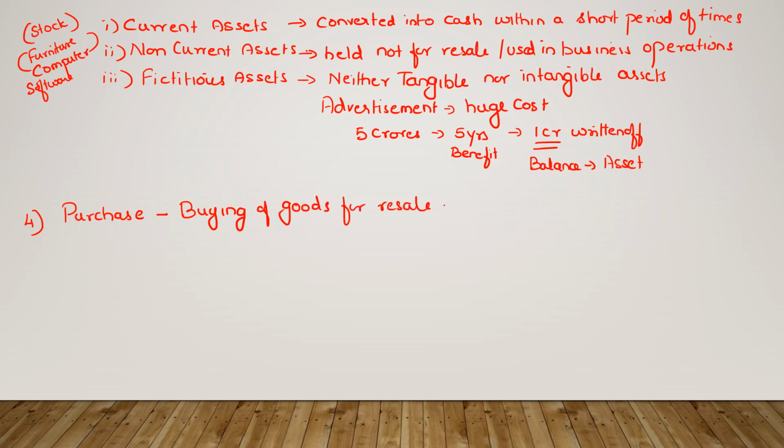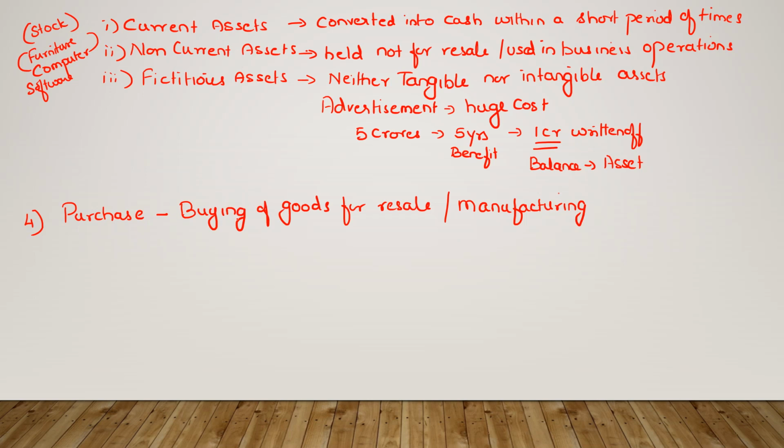In this example, it is for resale, or it can be even for manufacturing. If it is a manufacturing concern, not a retail outlet like in the example we have taken, any material which is purchased to be introduced into a manufacturing process, buying of those goods would be put into the purchase account.